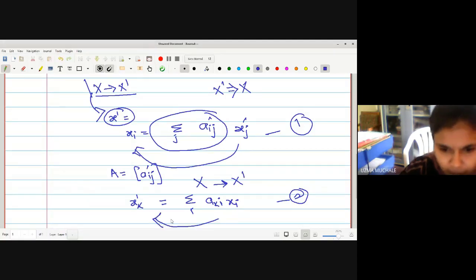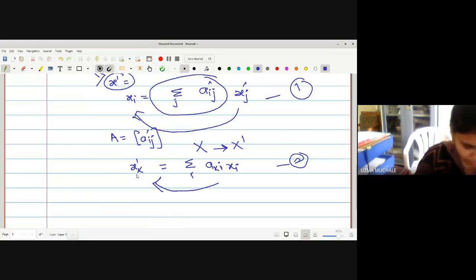Now whatever equation we have obtained here, this xk dash, we have to put in our equation 1.